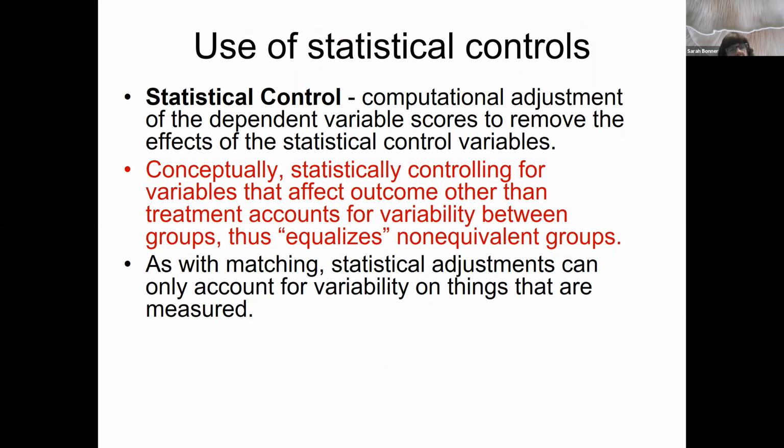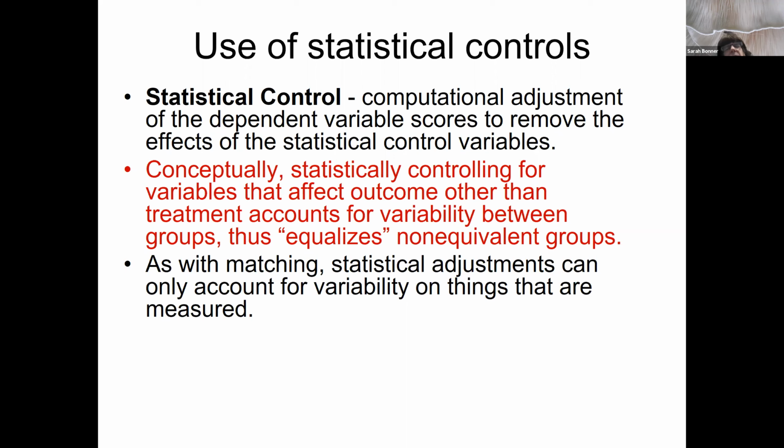The simpler way of quasi-equalizing a treatment group with a comparison condition is to use a statistical control. And this has really got the same problems as matching, in that you can only control for the variables that you've measured.